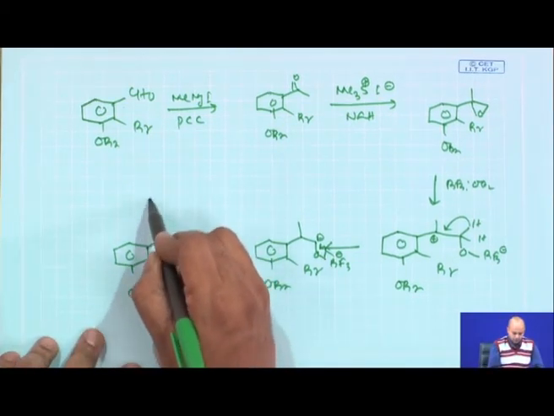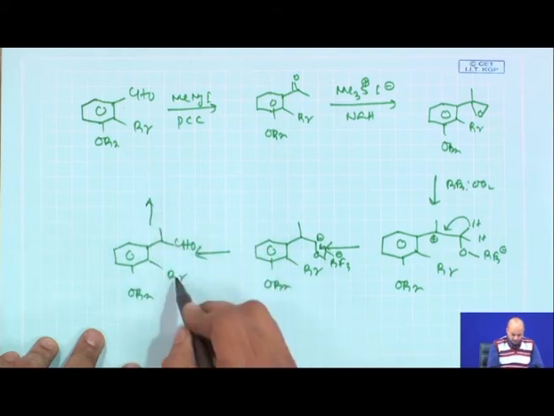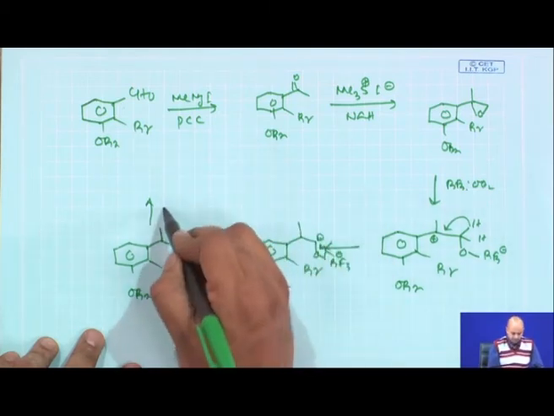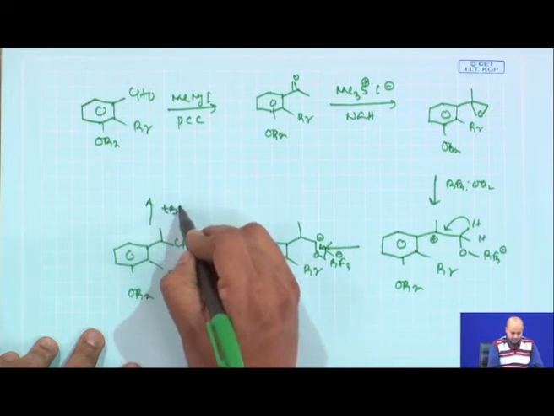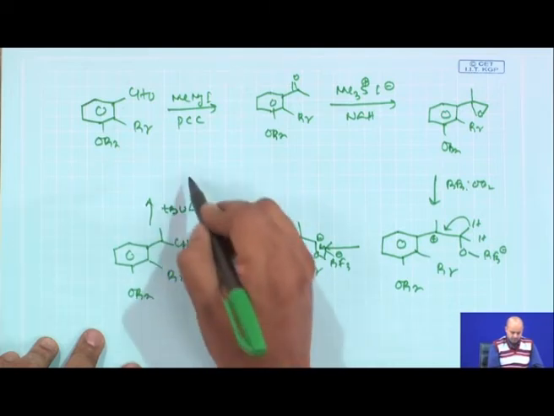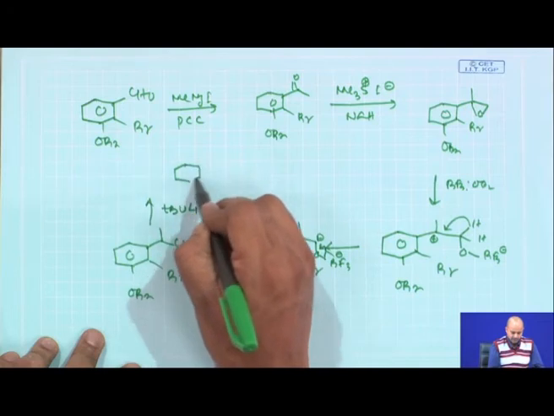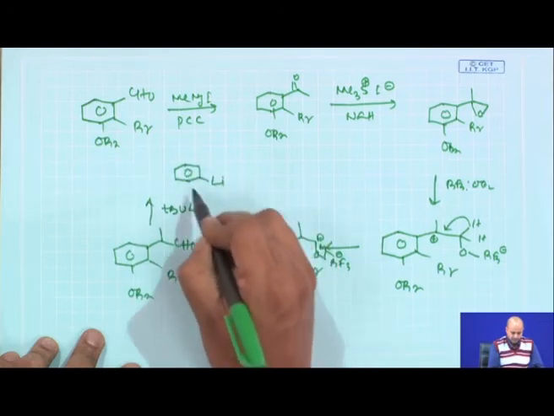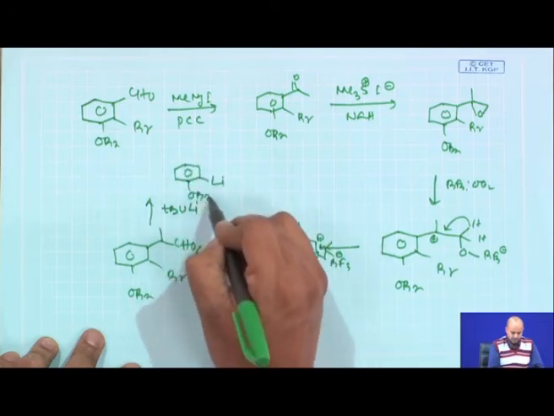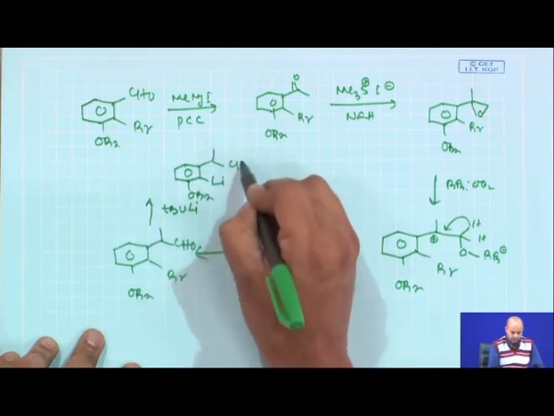If you are not sure of the mechanism of the Meinwald rearrangement, now you exchange this bromide with lithium, using a sterically bulky lithium reagent like tertiary butyl lithium, and you will generate a lithium species on the phenyl ring, and then your CHO is here.